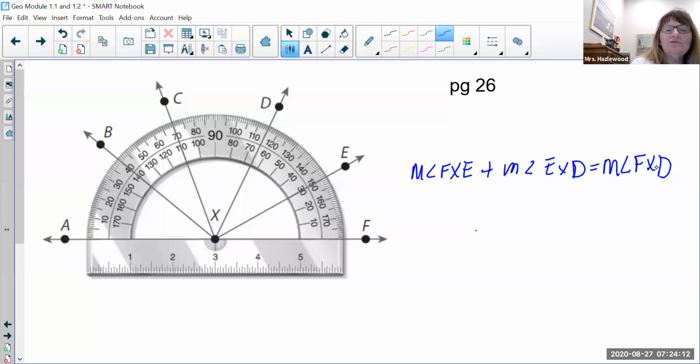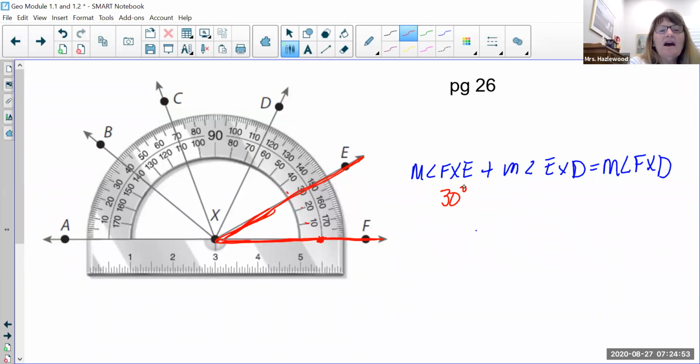In order to use this protractor, this here is my first angle that I'm going to look at. I know you could easily just look up the protractor, but I want to practice using it. Since we're not in class, I didn't ask you to get one. I'm going to start here at 0, here's 10, 20, 30. So I know FXE is 30 degrees, and I'm just substituting that in.